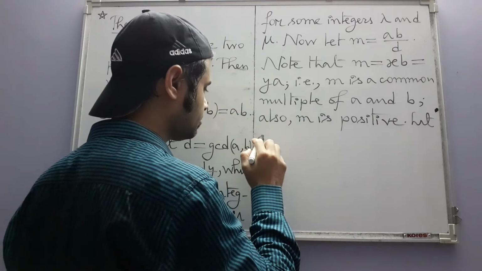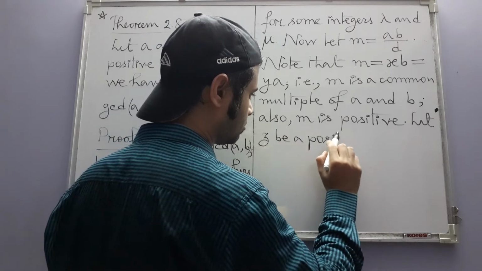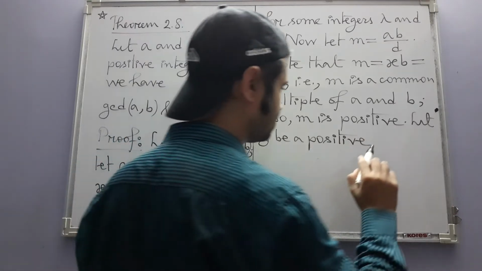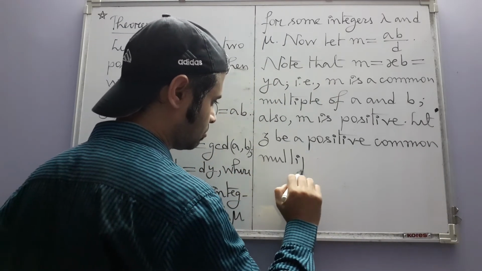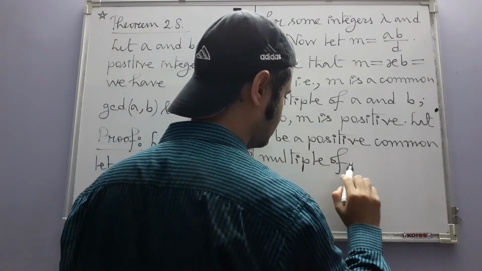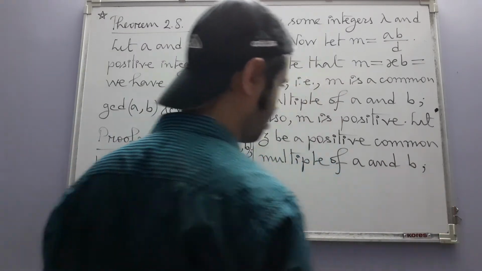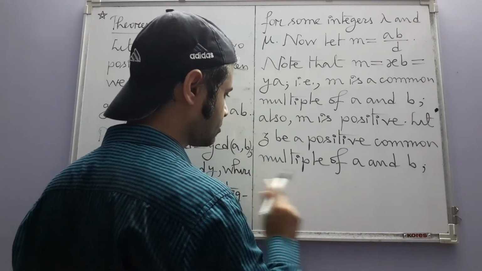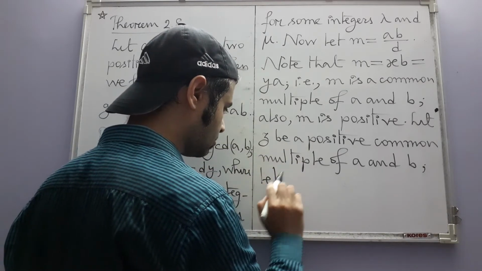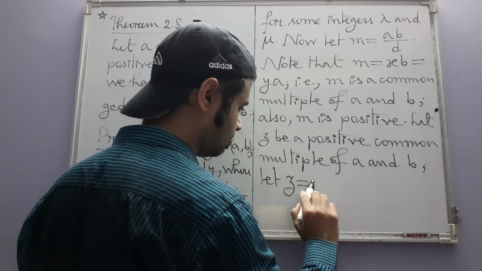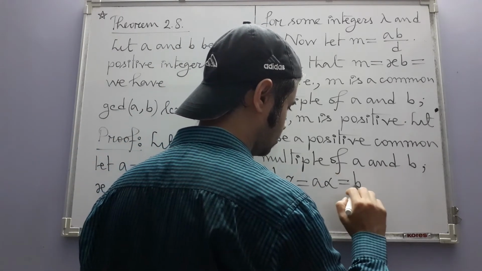Let us take Z. Let this be a positive common multiple of A and B. Let us also write those relations involving Z, A and B. Let Z be equal to A alpha equal to B beta.